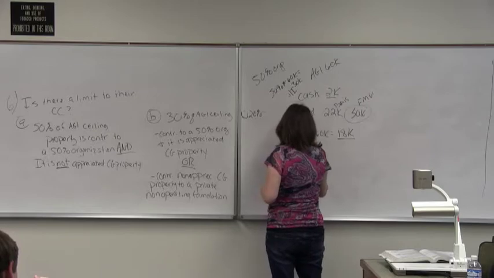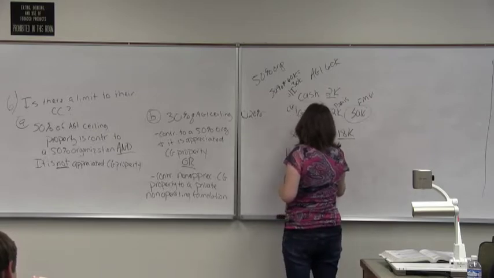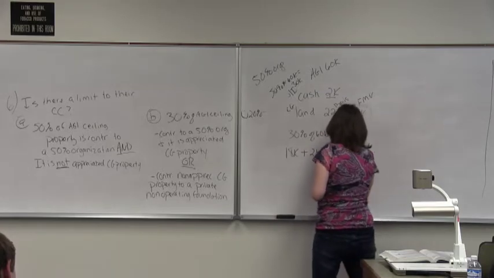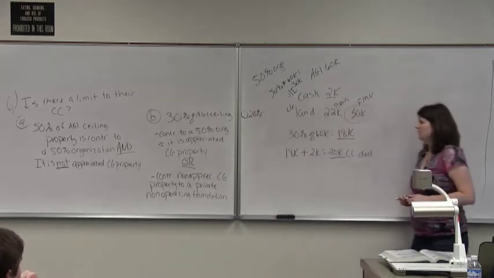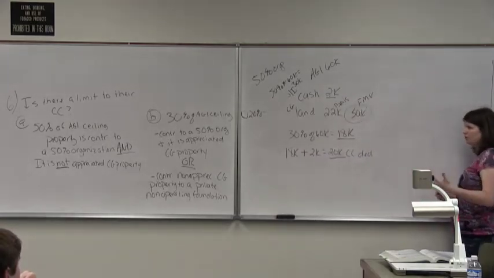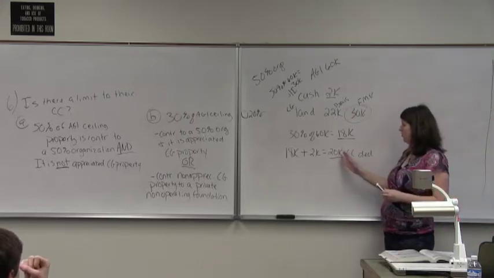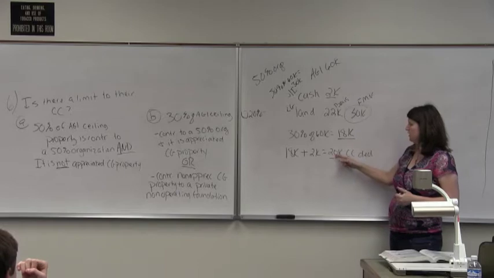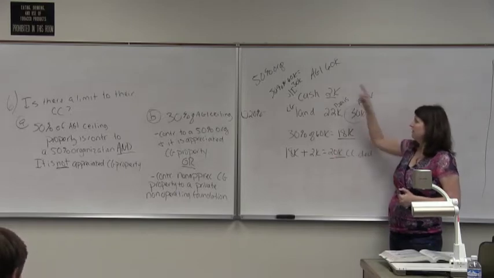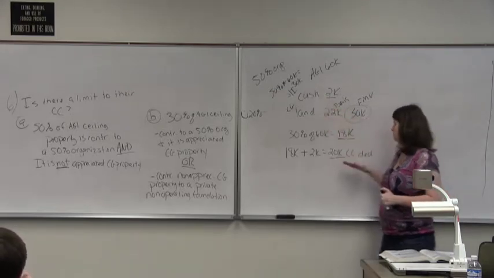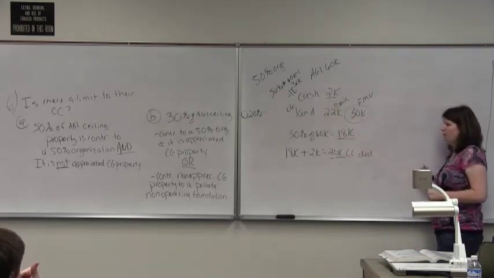So we have 18 plus 2, which equals $20,000 charitable contribution deduction for this year. Now, operating rule. We always need to check, is her total charitable contribution for the year less than 50% of AGI? Yes, which is $30,000. So we're good there. Check, not a problem.